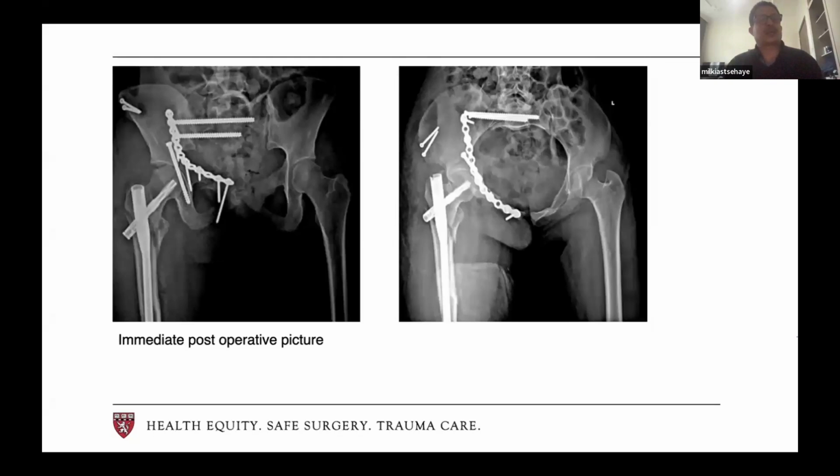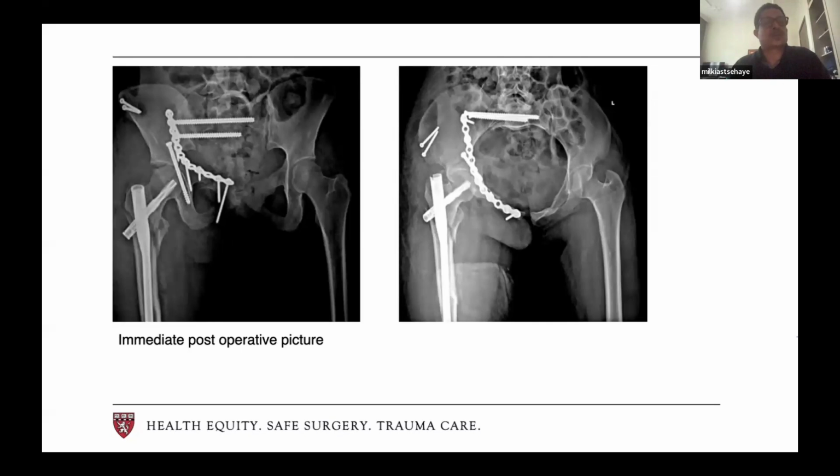And regarding retrograde rami screw insertion, that is a good technique for non-comminuted anterior column or non-comminuted anterior superior rami fractures that need fixation. But we have to be quite cautious, because the neurovascular structures around the psoas gutter are at risk while we are putting in retrograde screws.